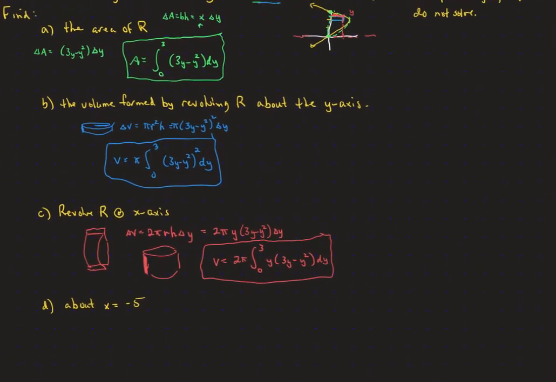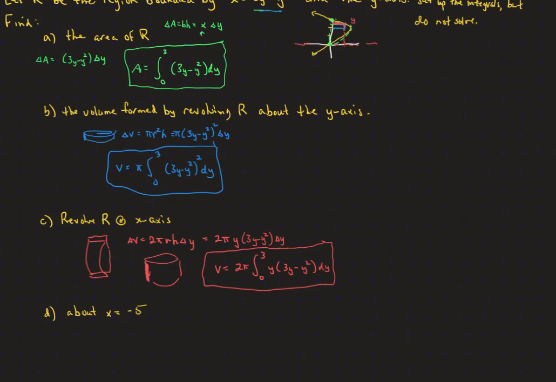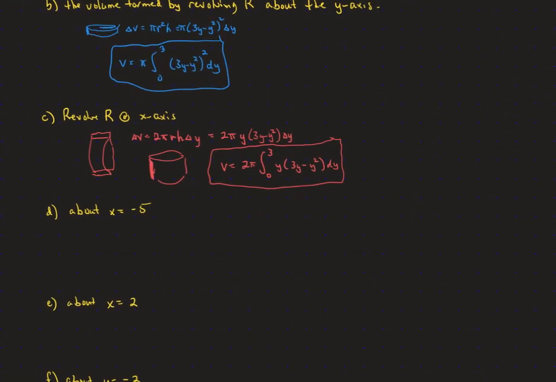Okay, now about the line x equals negative 5. So x equals negative 5 would be that vertical line over here. So as we spin that around, and you keep your eye on that little rectangle, what we're going to get is this thing that looks like what we're going to call a washer. So our washer has a delta volume that's going to be pi times the outside radius squared minus the inside radius squared times our thickness, which is going to still be a delta y.